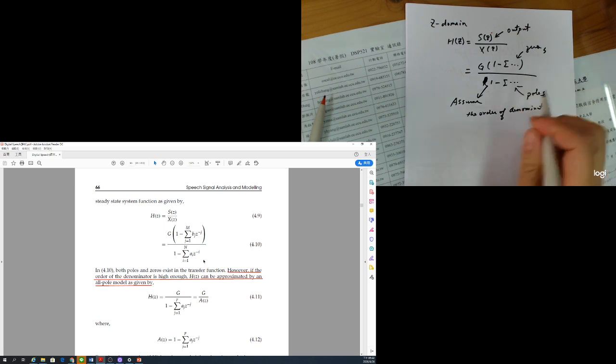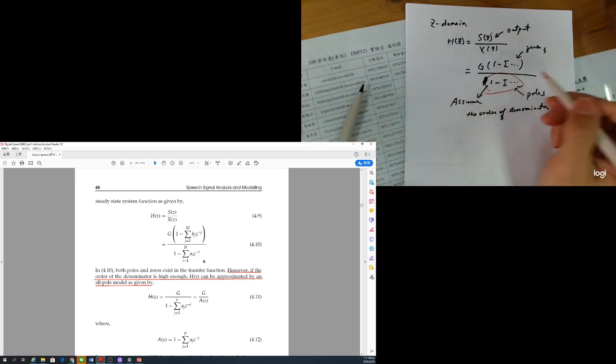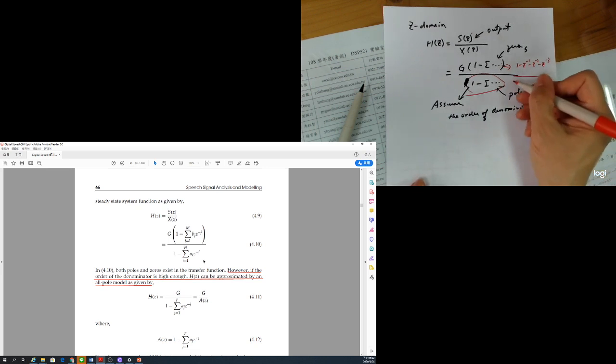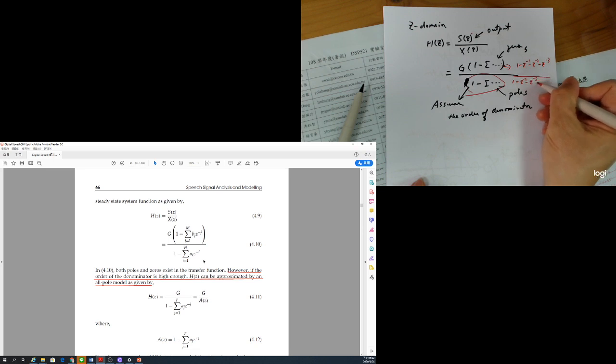So we are trying to assume this order bigger than this one. For example, this one is maybe 1 minus z minus 1, minus z minus 2, z minus 3, and the bottom one could be z minus 2, minus z minus 3, and z minus 4, and z minus 5, like this one.